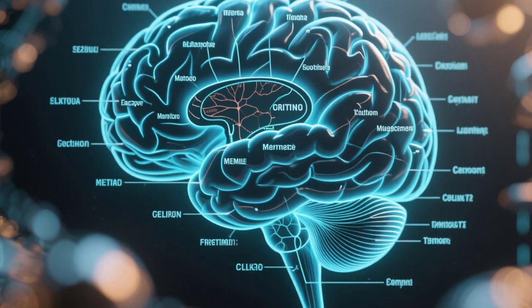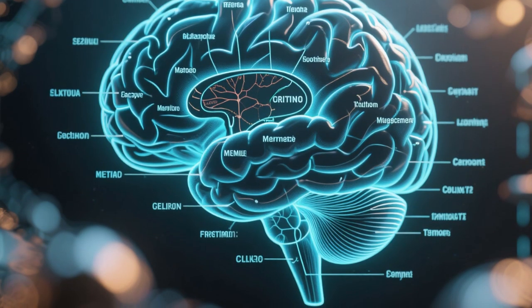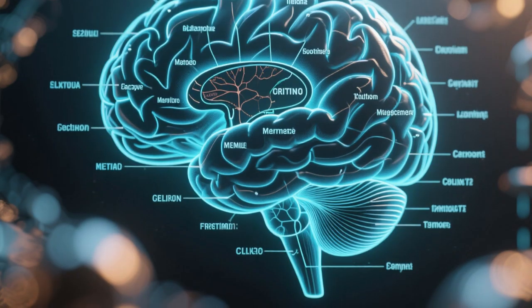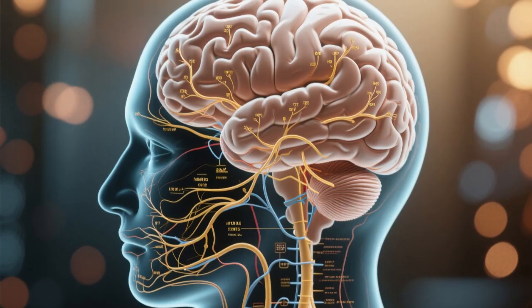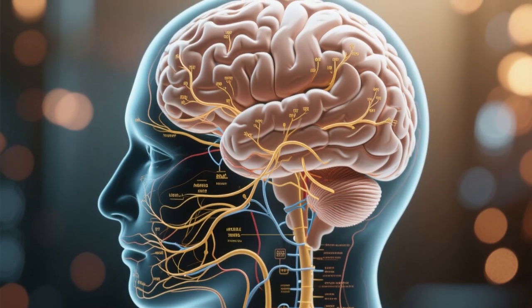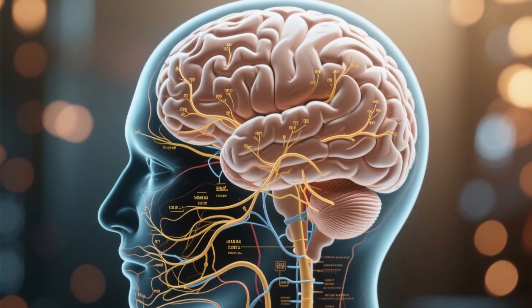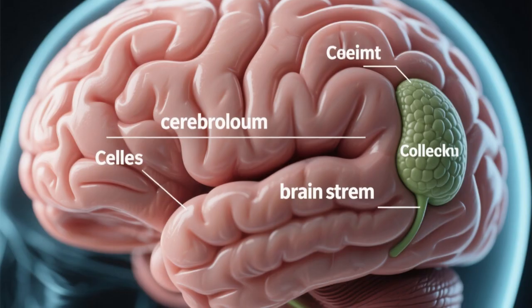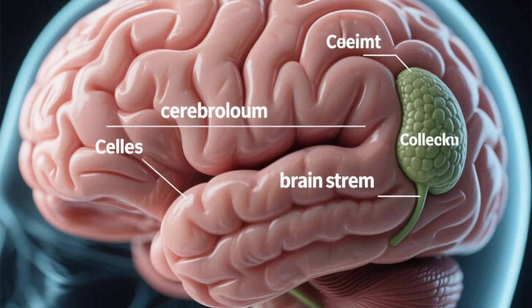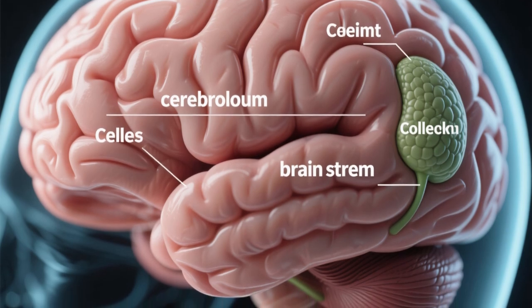To do so, we'll start by learning about the basic organization of the brain, including the central and peripheral nervous systems, as well as the major divisions of the brain, such as the cerebrum, cerebellum, and brainstem.